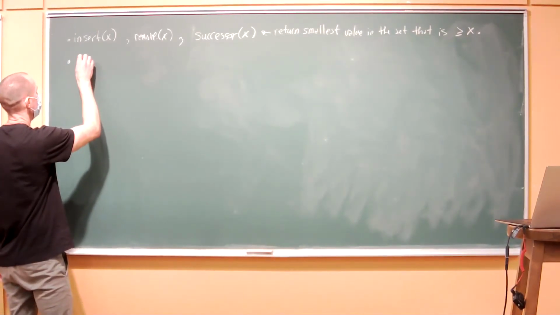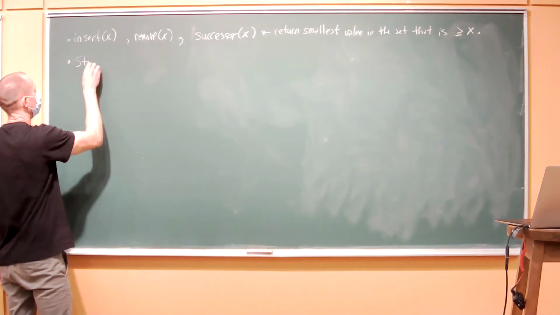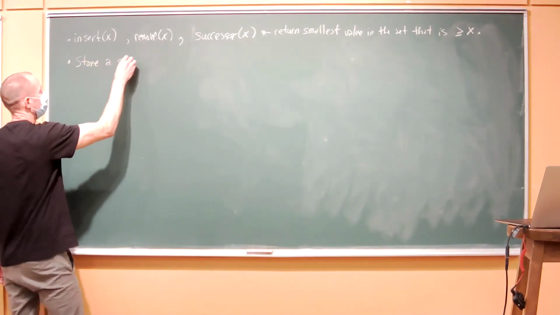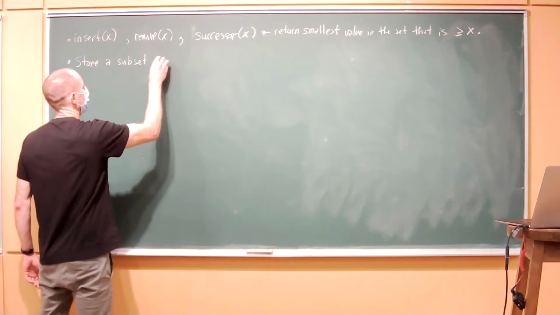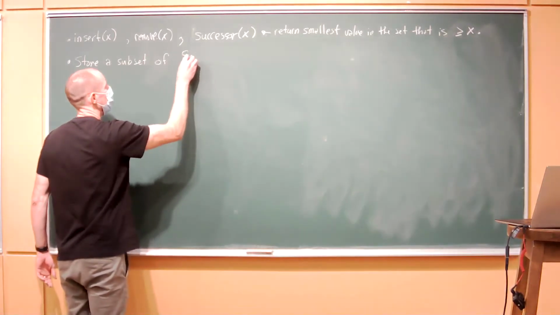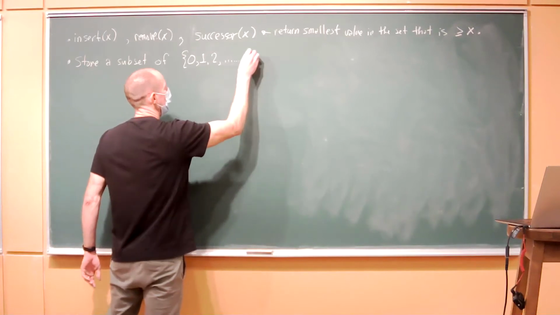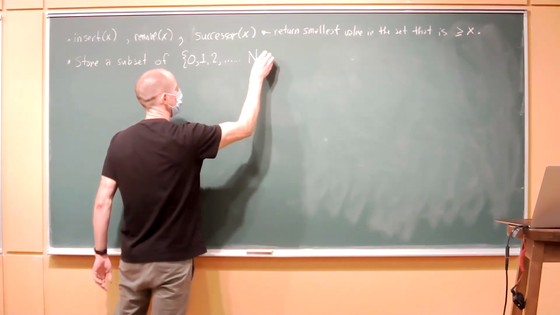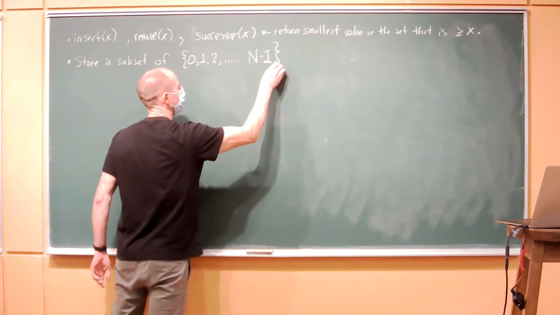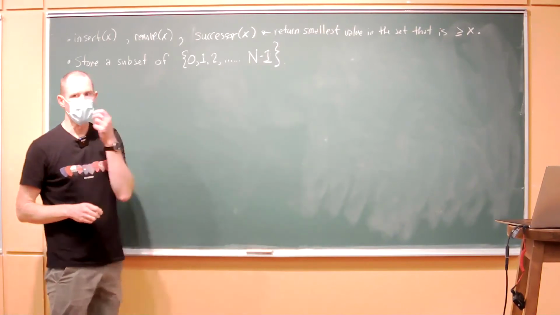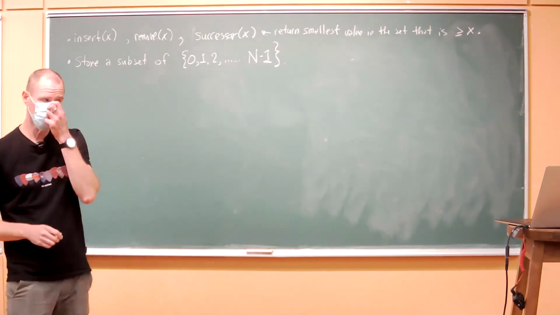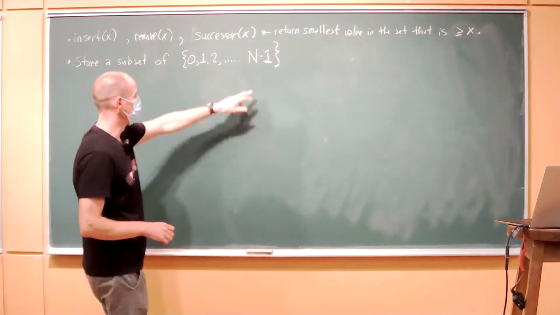And let's just say we store a subset of the integers 0, 1, 2, and so on, up to some big number n minus 1. And I'll use a capital N to say that this is a big thing. And we'll see really big.